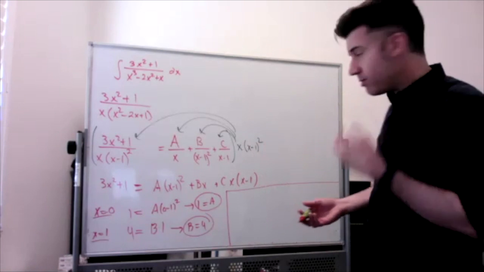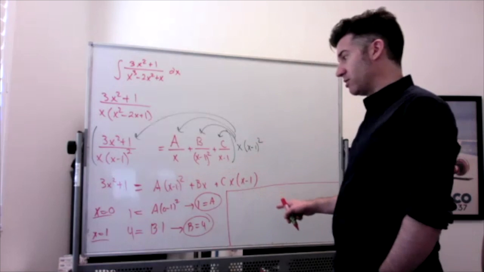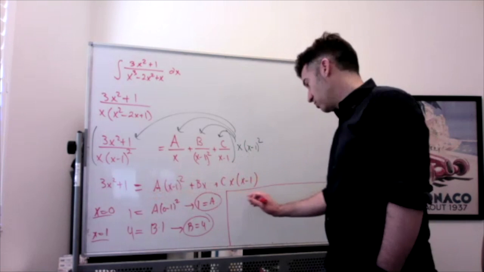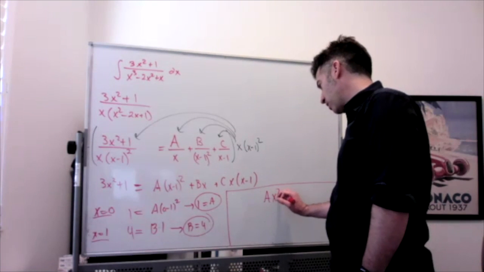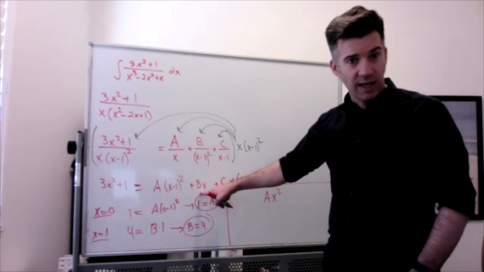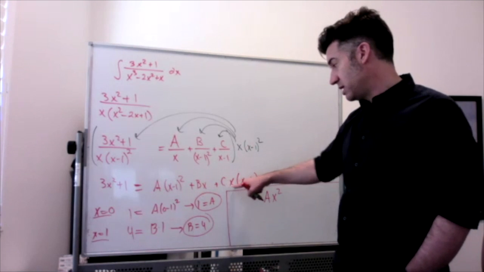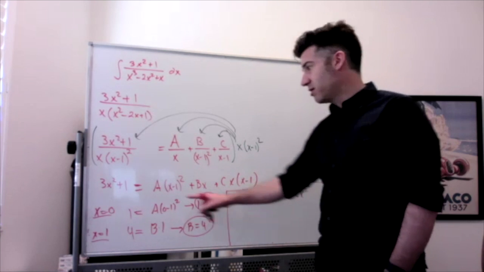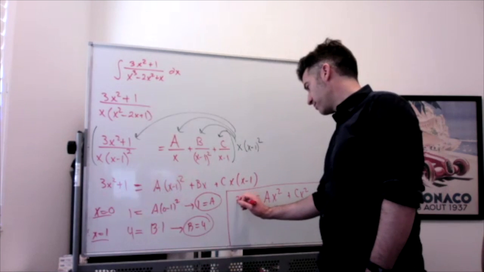Usually it's best to start with the highest because there's kind of the least number of terms that have the highest power. If you were to multiply this out, this would be (x squared minus 2x plus 1) times a. So you would have an a times x squared. You don't have any b times x squared, but you do have a c times x squared. And on the left side, you have a 3 times x squared.